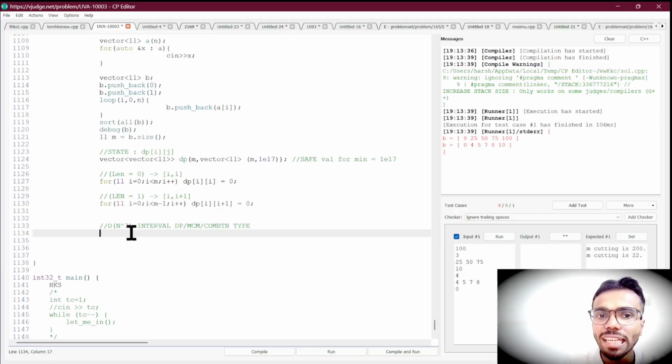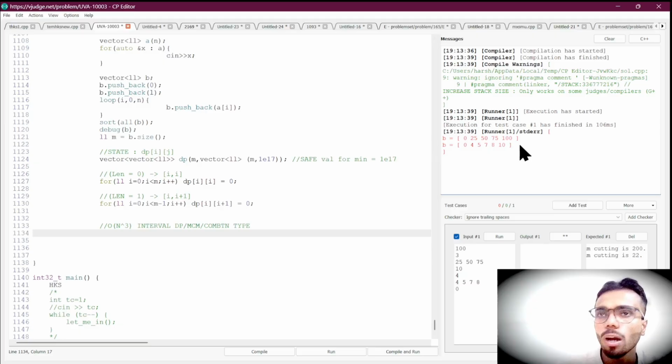I'm not saying that the interval should be of length 1 only. Basically I have m coordinates. So if I just join all the coordinates, look at this: this will be one segment 0 to 25, 25 to 50, 50 to 75, 75 to 100.